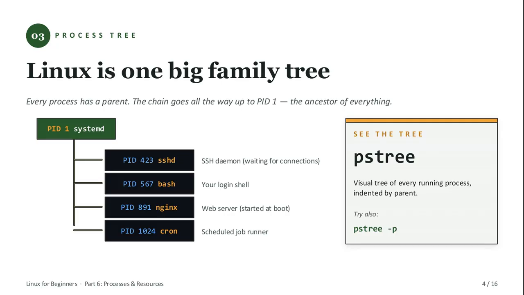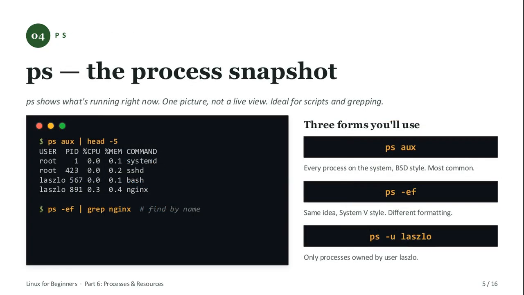Add the -p flag, and it'll print each PID alongside the name, so you can follow the chain with your own eyes. Now, pstree gives you the shape of things, but when you want details, CPU usage, memory, who owns what, you reach for ps. Think of it as a snapshot, a single frozen picture of every process at the moment you hit enter.